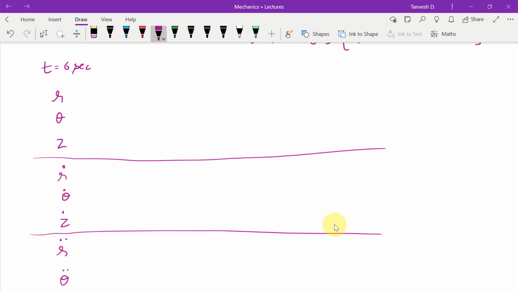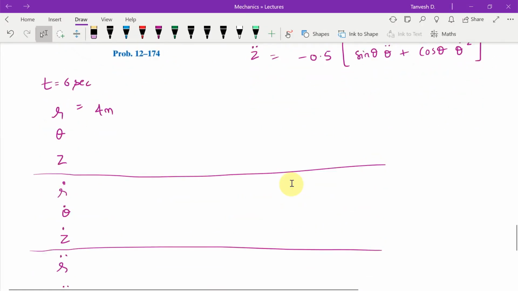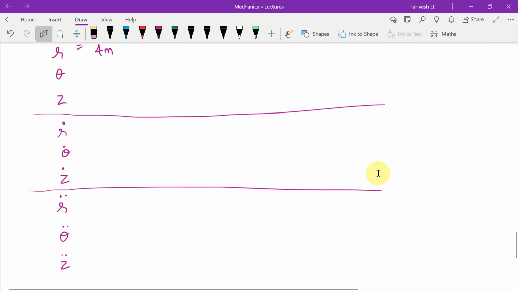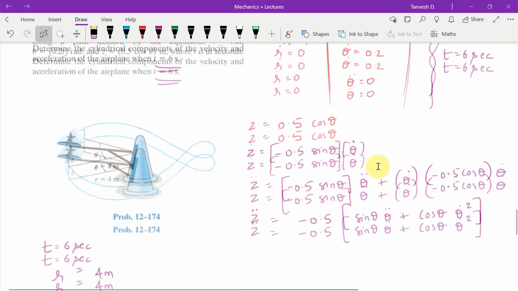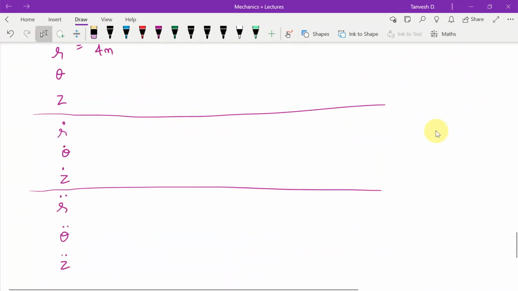So we will be having r equals, at 6 seconds, 4 meters. So r is anyways constant. r dot is 0 and r double dot is 0. That also we'll write directly, 0 and 0.